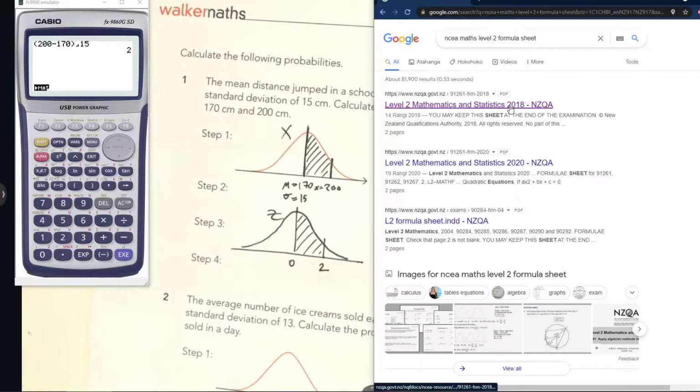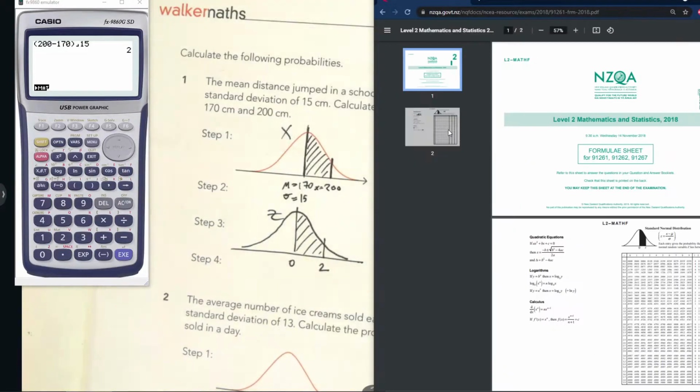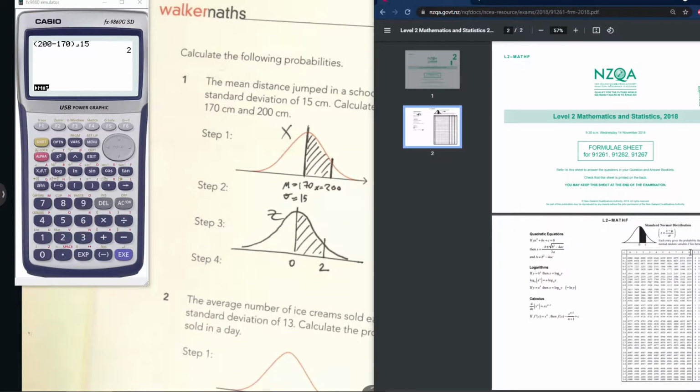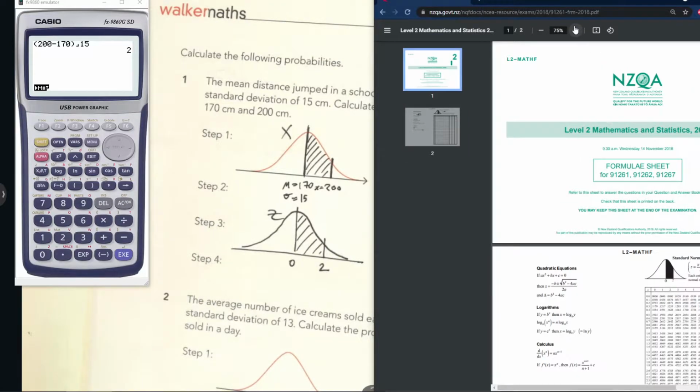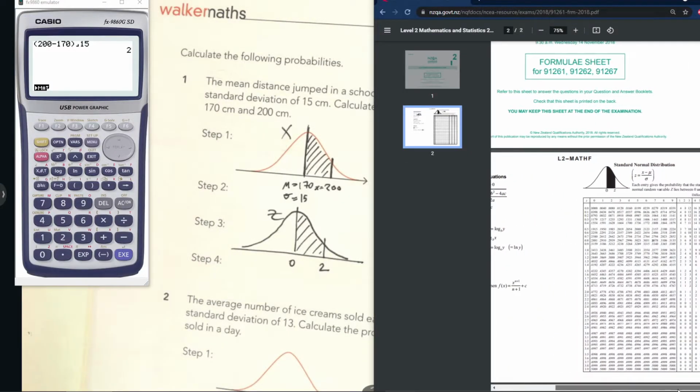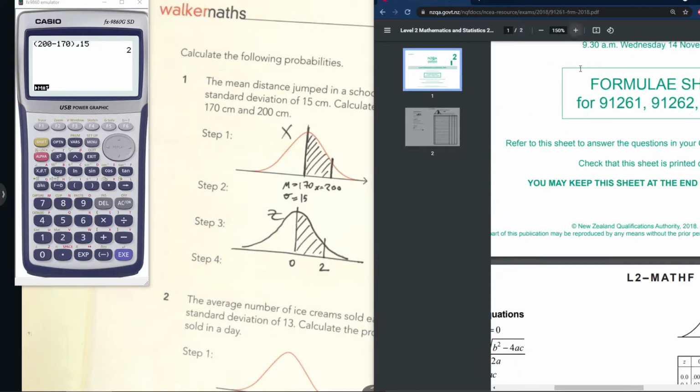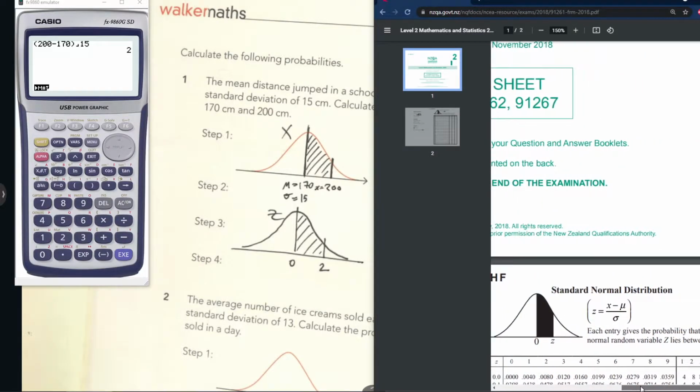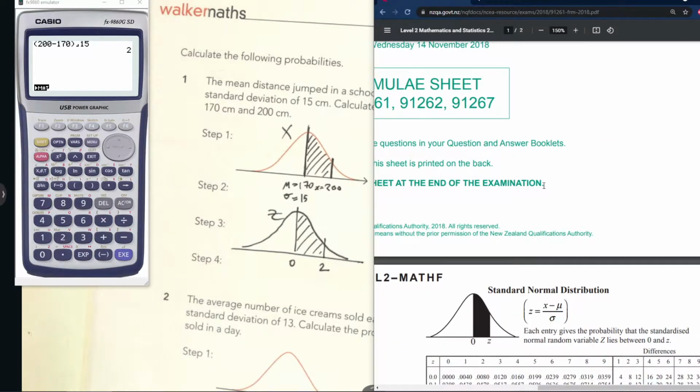Make sure you get the one from NZQA. This is the exact formula sheet that you're going to get in the exam. See down here how they give you a standard normal distribution. We're just going to use that to do our calculations from now on. I just wanted to show you how to find that.